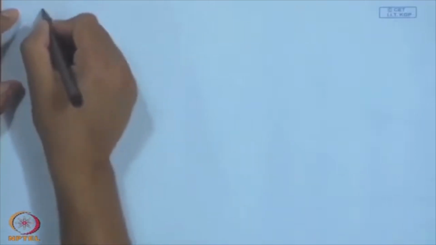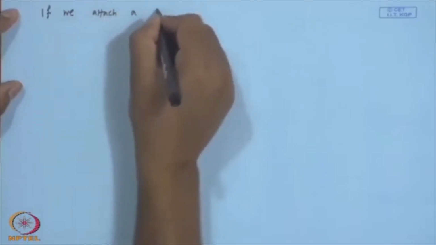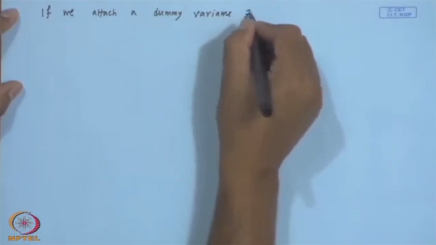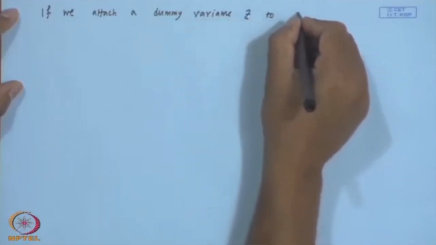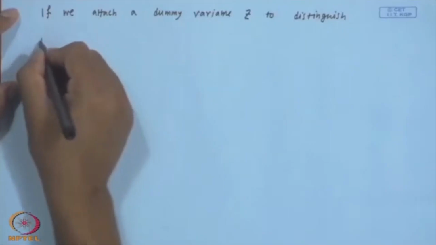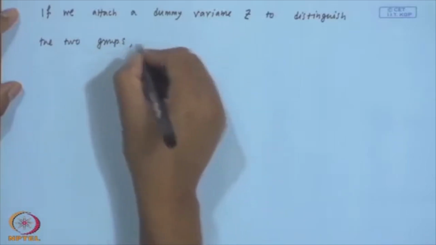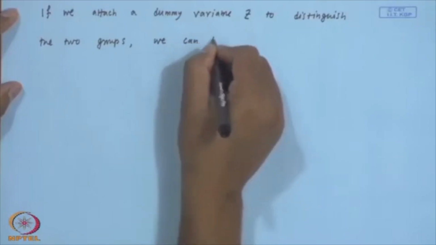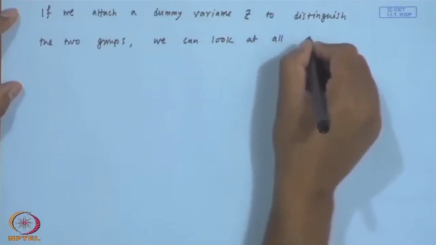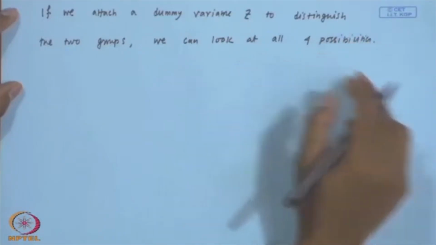So, if we attach a dummy variable z to distinguish the 2 groups, we can look at all 4 possibilities. Okay, you understood what I mean by 4 possibilities.